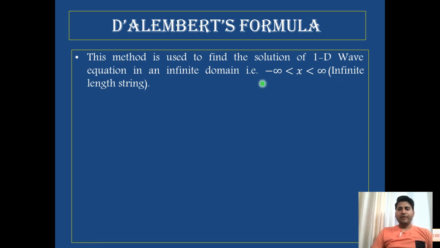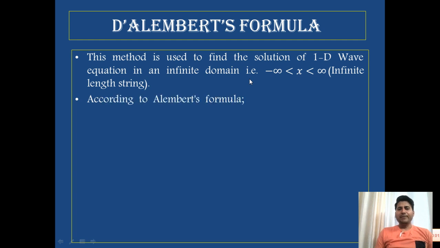When the length of the string is from minus infinity to plus infinity, that is an infinite length string. Generally, we take a string of finite length and find its solution by the method of separation of variables. Here the restriction is that the string has infinite length, or we can say the length of the string belongs to the infinite domain.